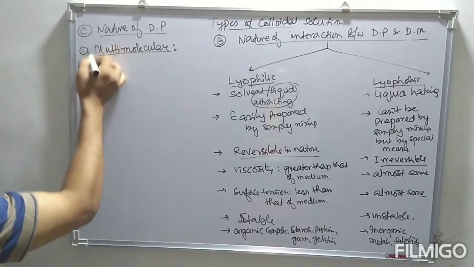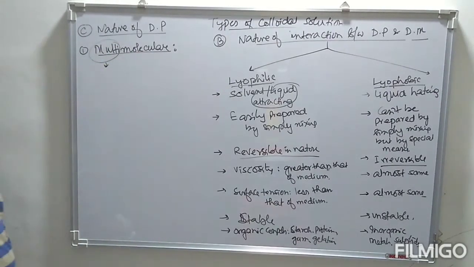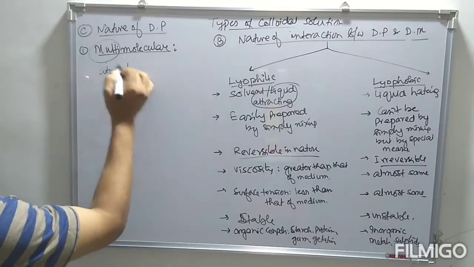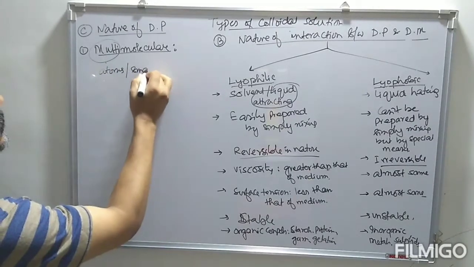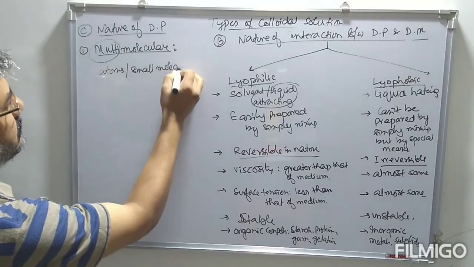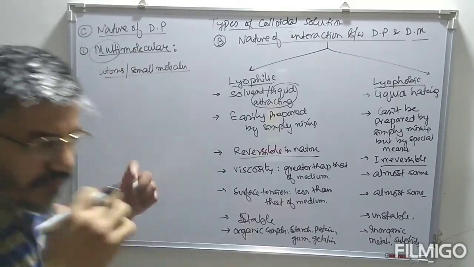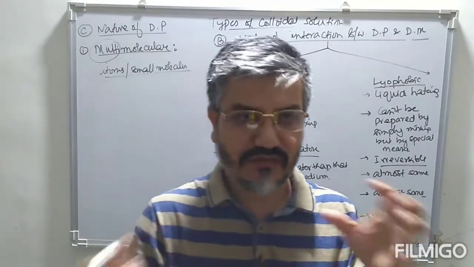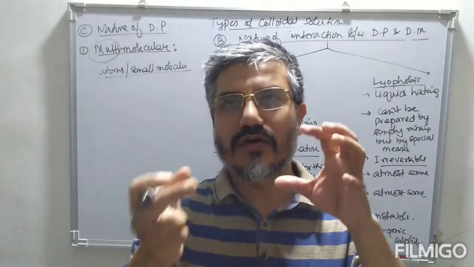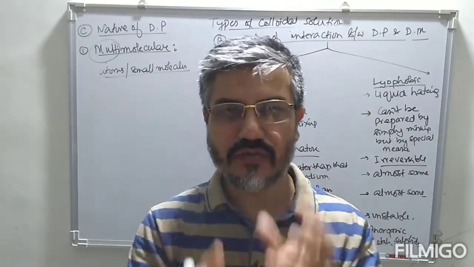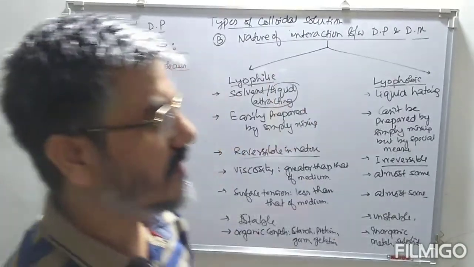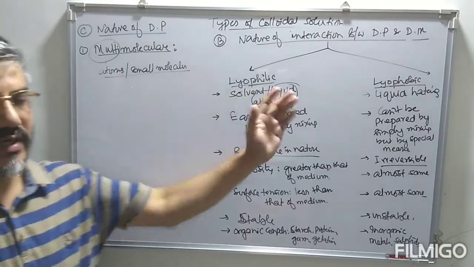multimolecular. So as the name suggests, we have many. In this case, we have atoms or small molecules. We have a large number of atoms or small molecules of a given substance aggregating to form a solution in which the particle size is in between 1 nanometer to 100 nanometer.